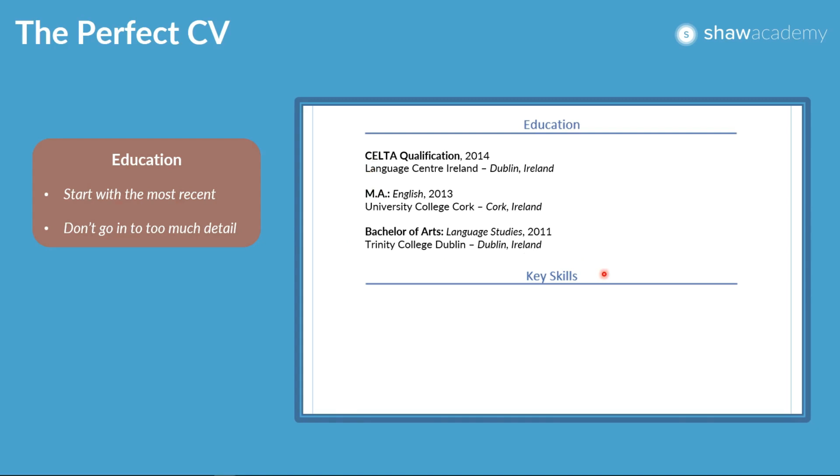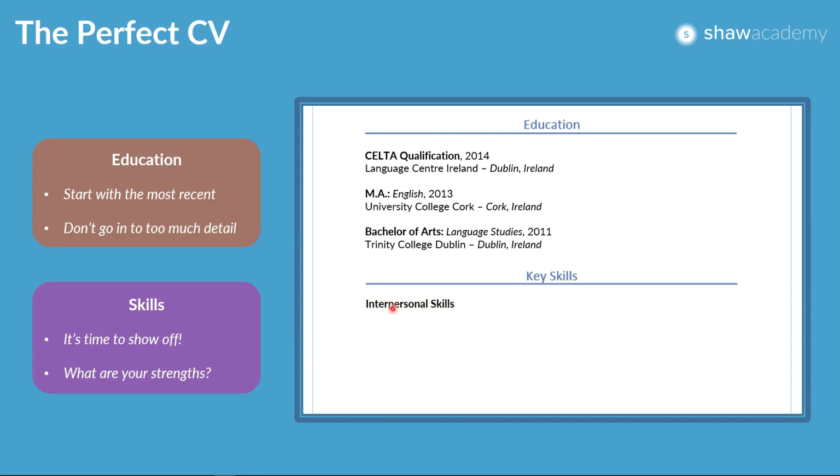Now, next up, we move on to key skills. Now it's time to show off, okay? So, what are your strengths? And it's time to show off and tell the employer about your strengths. Now, what I advise to do is split your skills into categories. So, first up, interpersonal skills. Okay, that means how you interact with other people.